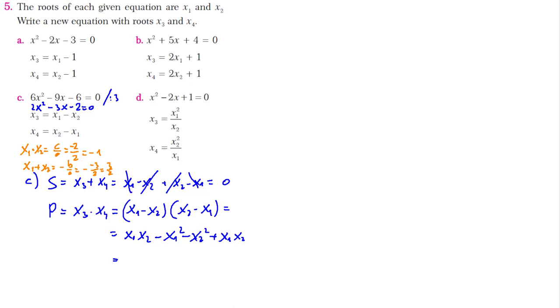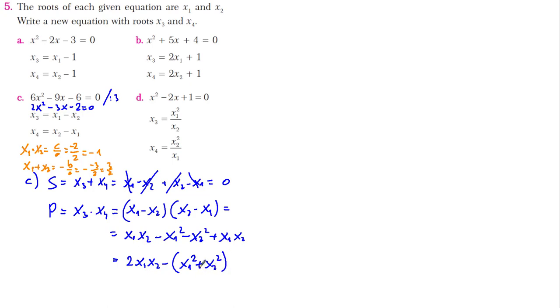All right. Let's continue. x1 x2 plus x1 x2, that's 2x1 x2, minus in brackets x1 squared plus x2 squared.